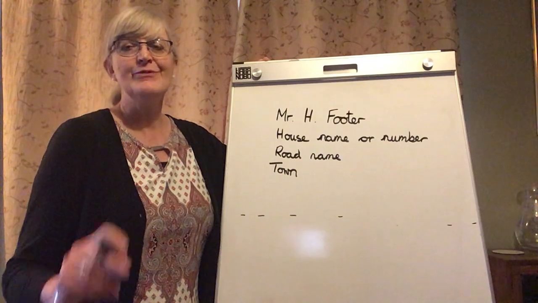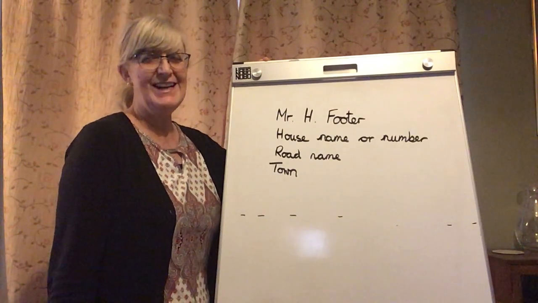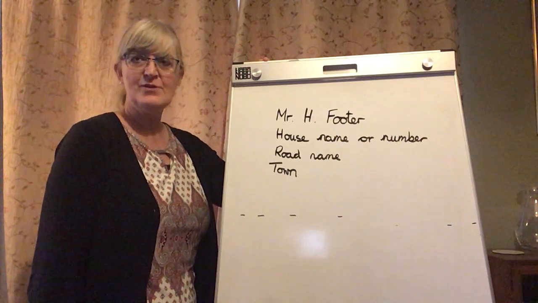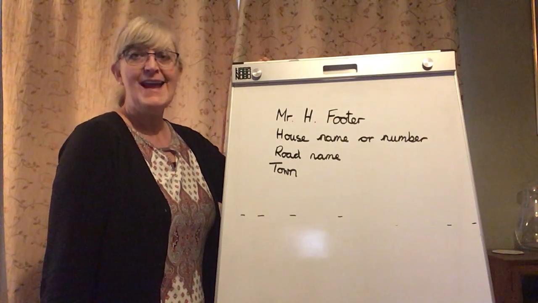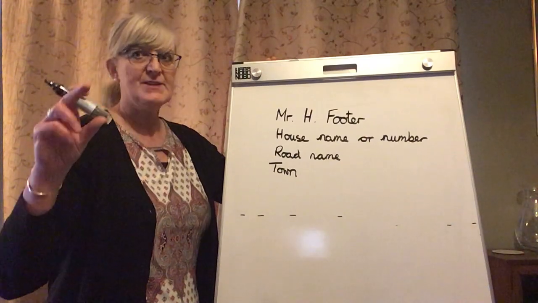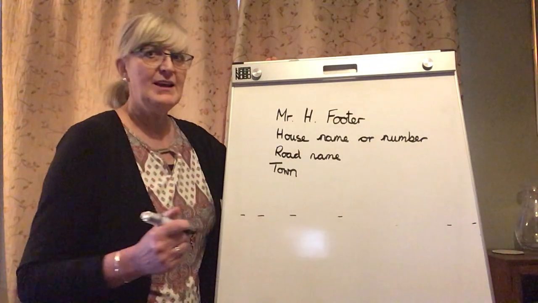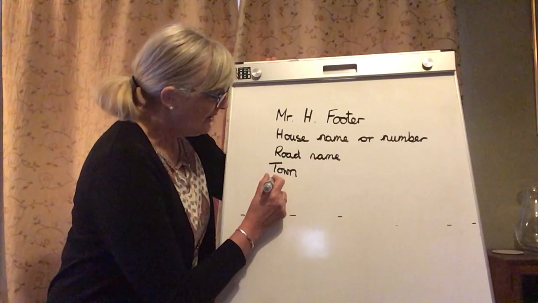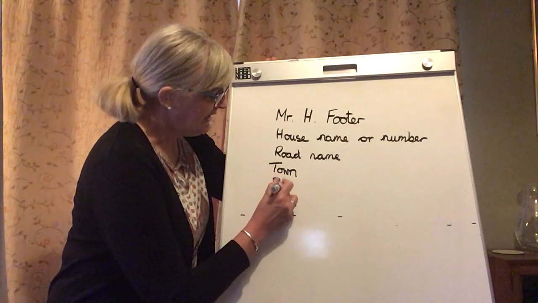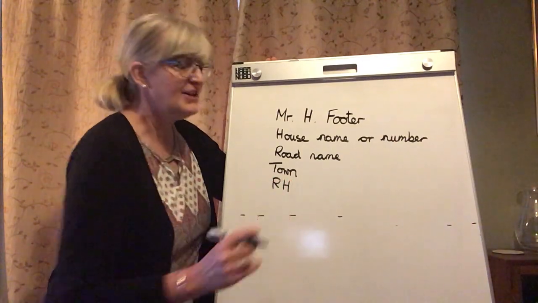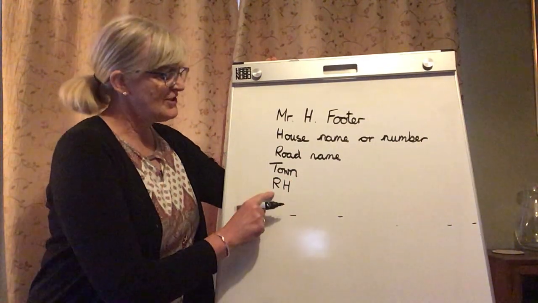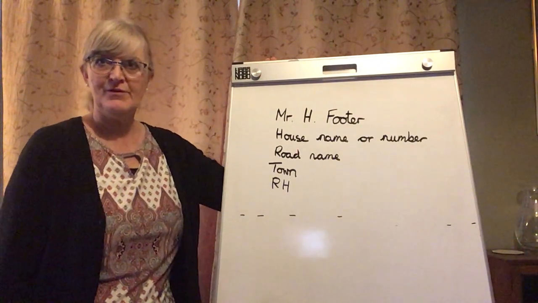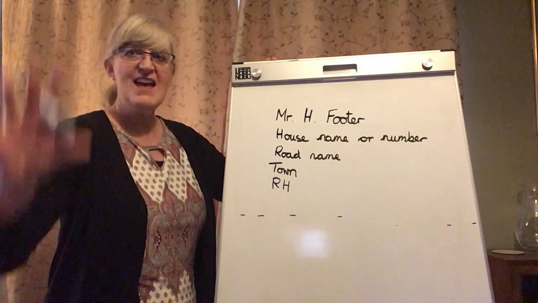And then we've got a really clever little thing that really helps our postman. Every single house has got a number or a name or a set of numbers and letters. So if you live in Billingshurst, you have RH at the first part of your postcode, and that's short for Red Hill, and that's where the main sorting office is. So that's kind of the area that it's in.